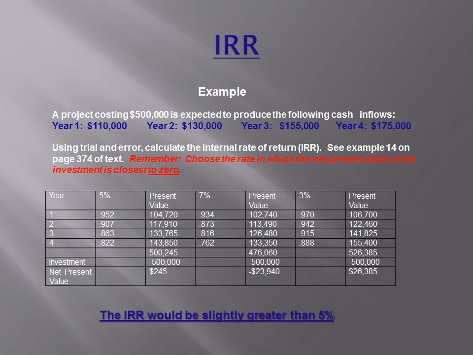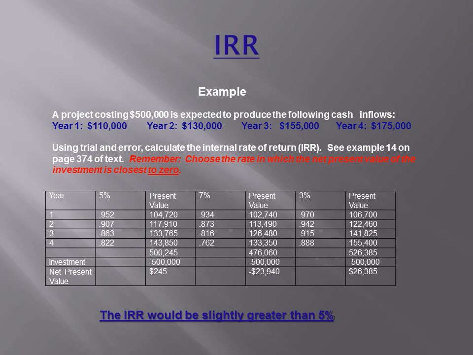On a particular exam, I would give you a chart, and you would have to figure out the internal rate of return. In this example, in year 1, at a 5% cost of capital and using a present value factor of 0.952, the present value of that $110,000 in year 1 would be $104,720.